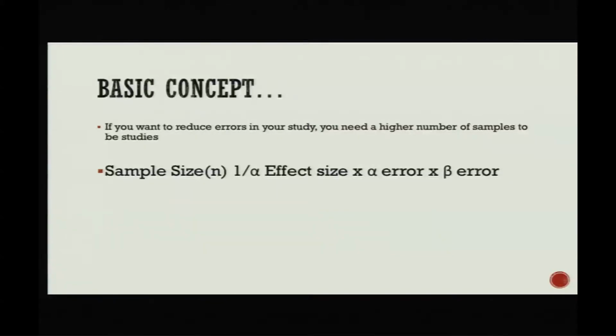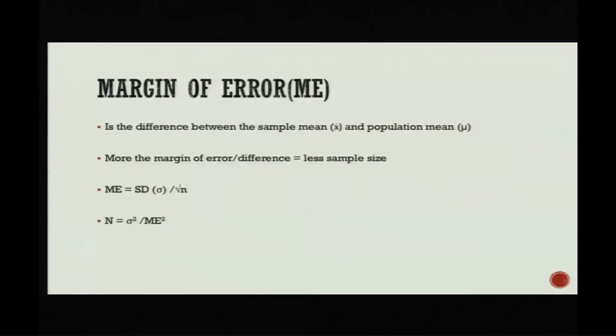So sample size is inversely proportional to the difference or the effect size. It is inversely proportional to the alpha error, and it is inversely proportional to the beta error. So what do you mean by the margin of error or the effect size? The margin of error is basically the difference between a sample mean and a population mean. So the more the margin of error, the smaller the sample size you need.